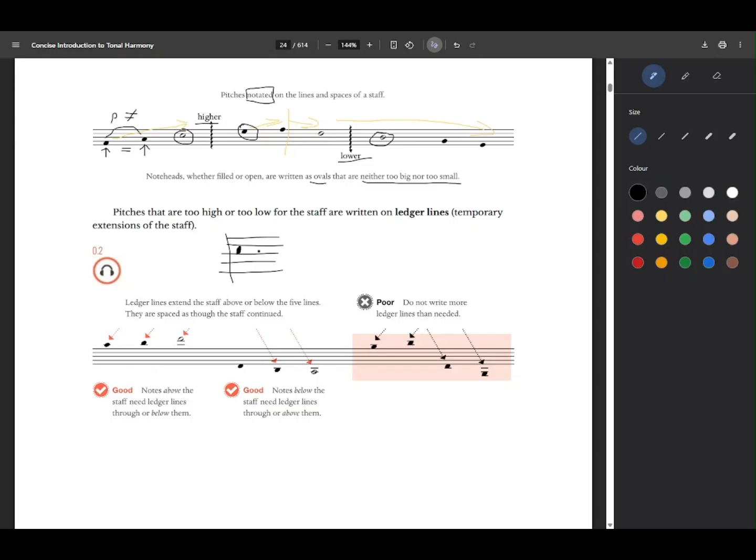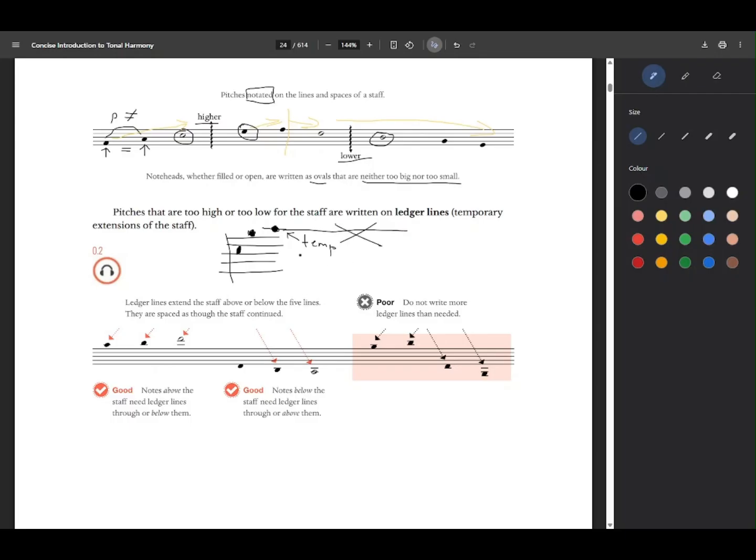If I want to write a note here, that's also great. It can sit right on top of the line, no problem. However, what if I want to go higher than that? Well, we're going to need to add another line to our staff, just temporarily, and then we can add our note onto that. So you can see this line here is temporary. We don't have to continue it on forever.